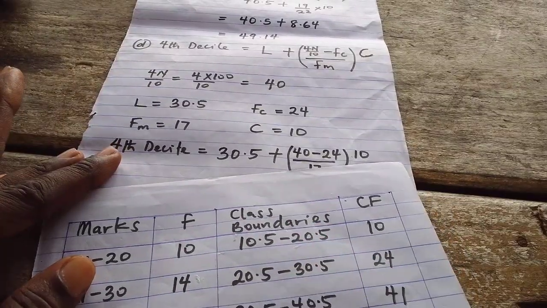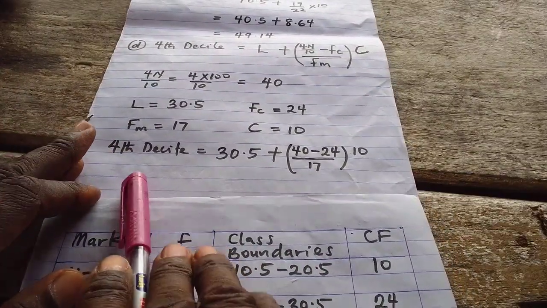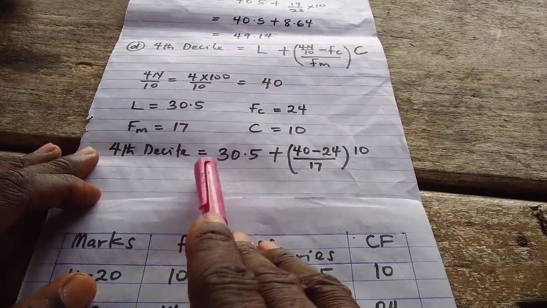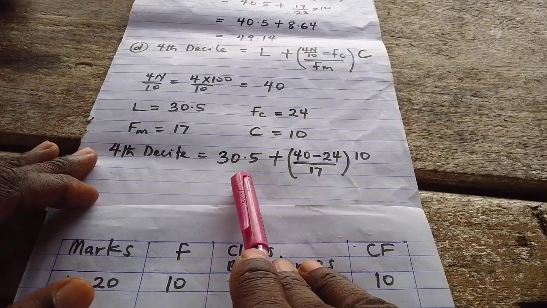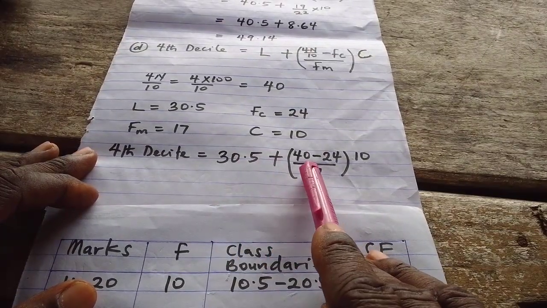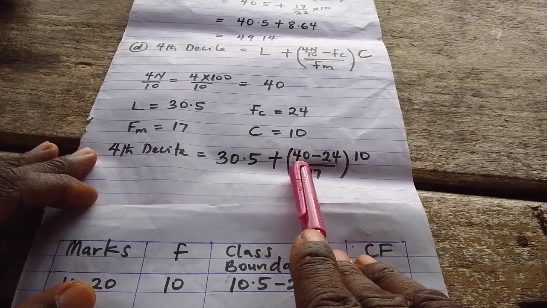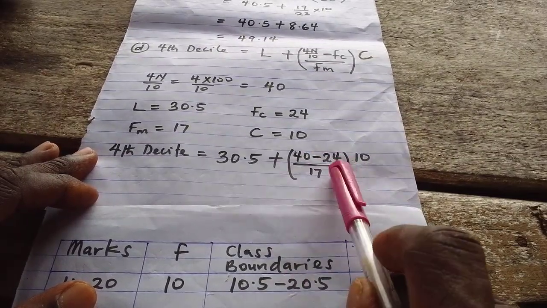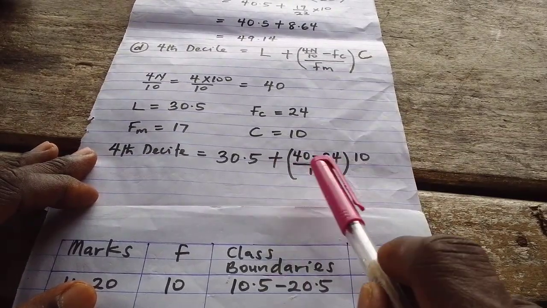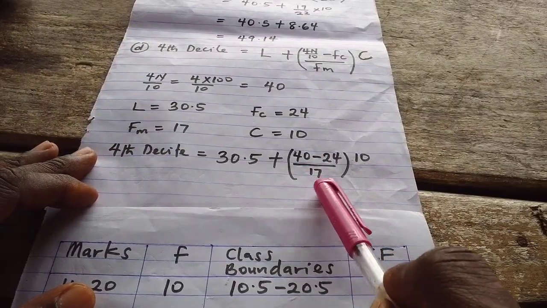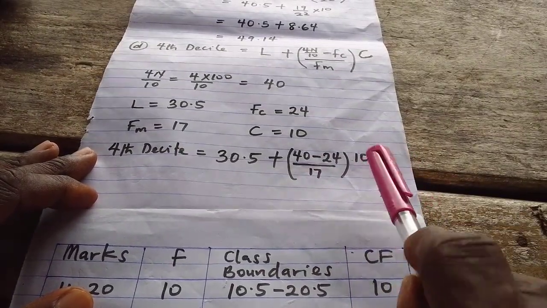You are now going to substitute. So to substitute, you say fourth decile will now be equal to your L, which is what? 30.5 plus 4n/10, which is 40, minus FC, which is 24, over FM, which is 17, times C, which is 10.